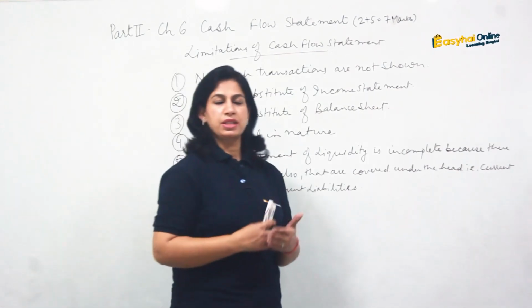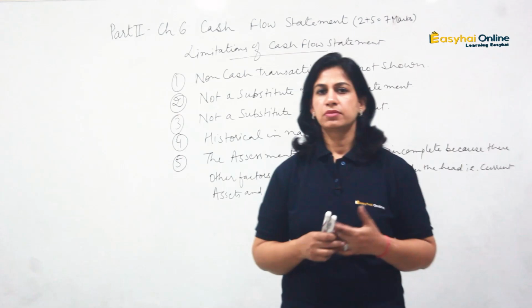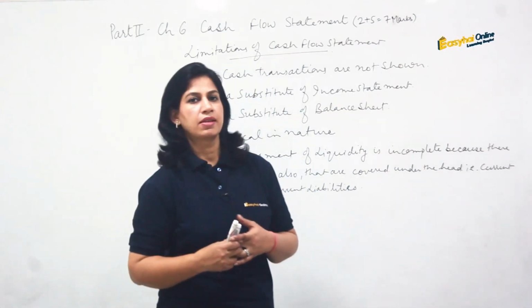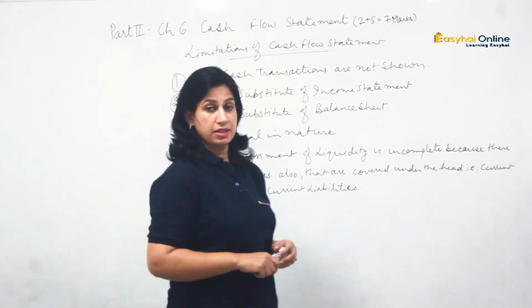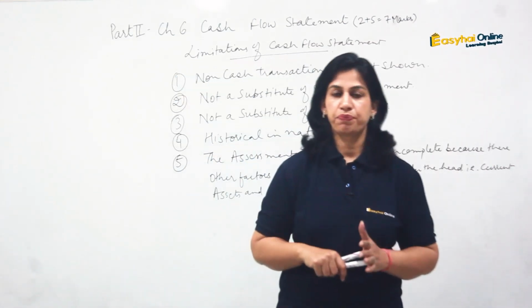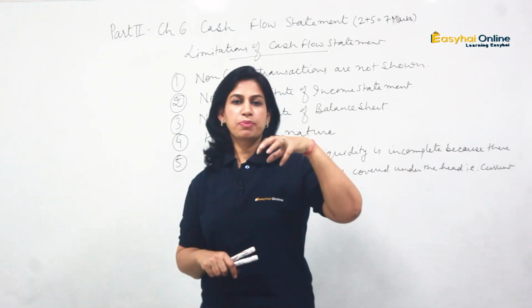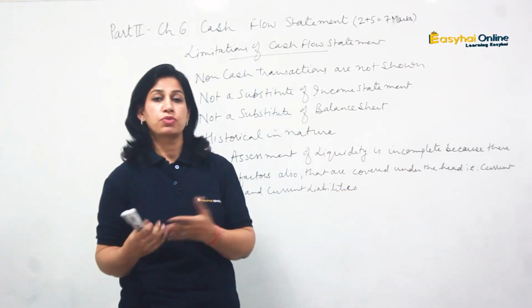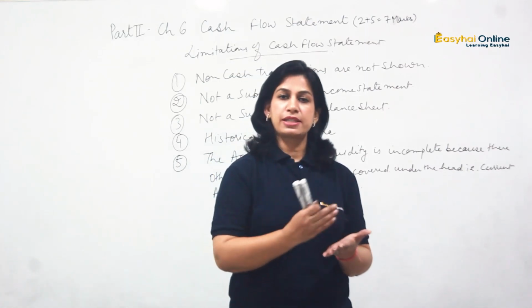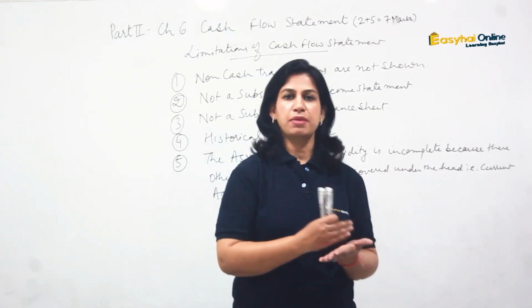So what can be the next one? Yes, any guesses? Now again the common one can be brought here. The base of the cash flow statement, from where we are preparing it, is what? It is financial statements like the income statement and balance sheet.